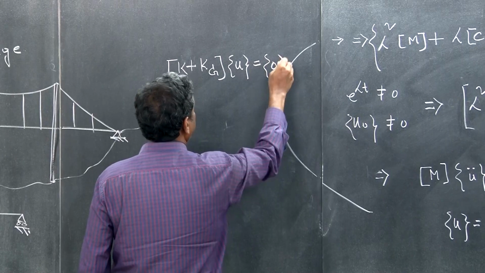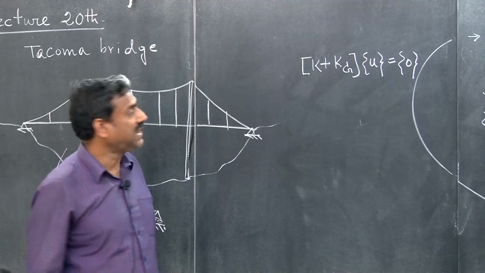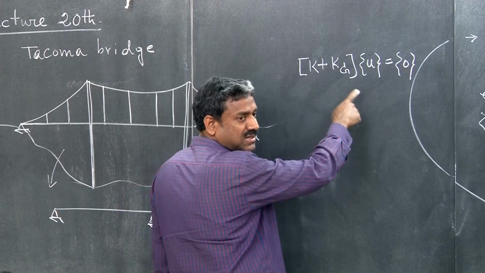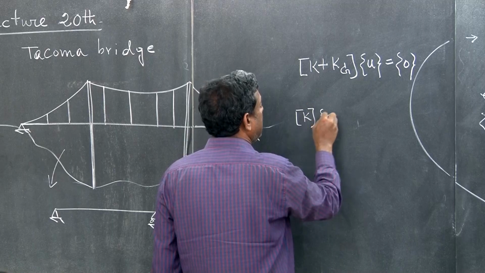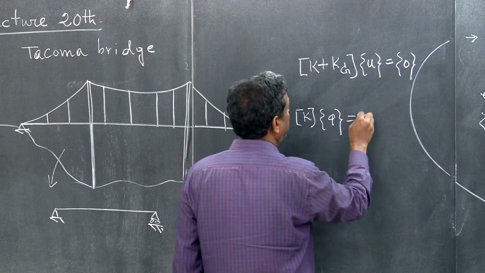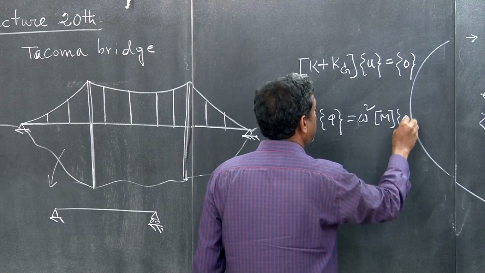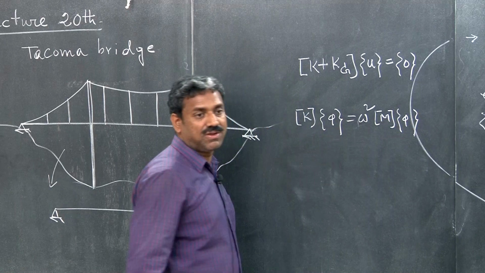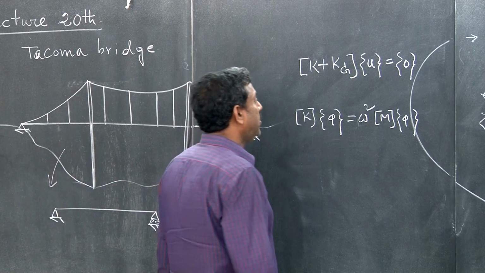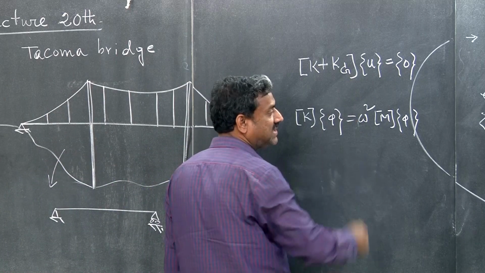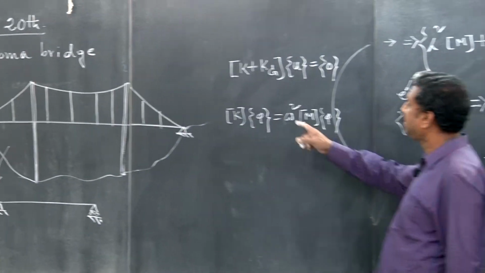That was the eigenvalue problem that we came across for buckling, right? And in dynamics, what you have learned is k phi is equal to omega square m phi. That is the generalized eigenvalue problem which you come across in dynamics. In both cases, you can see that these are first order equations, right? But here lambda is appearing only in the omega square.